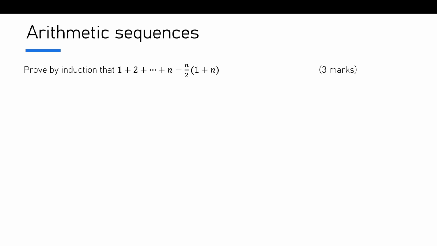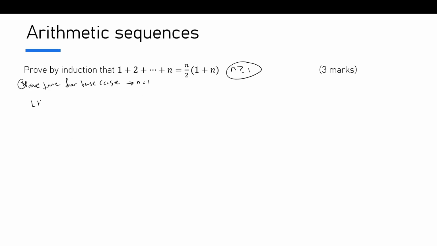So the first proof that we're going to be looking at is arithmetic sequences. Prove by induction that the sum of all numbers is equal to n on 2 times (1 plus n). For our first step, we need to prove true for the base case. It doesn't say it in the question, however, our base case is going to be n is greater than or equal to 1. So we want to prove true for n is equal to 1.